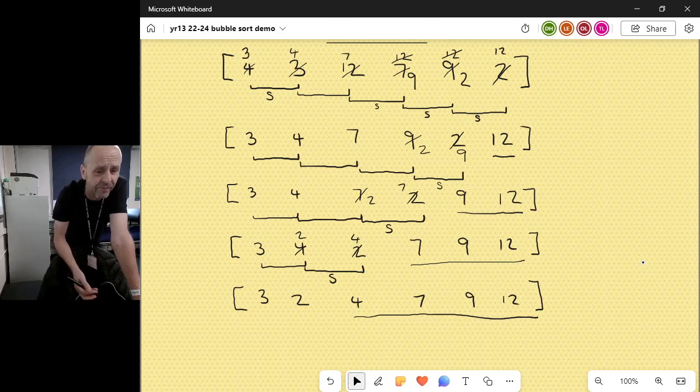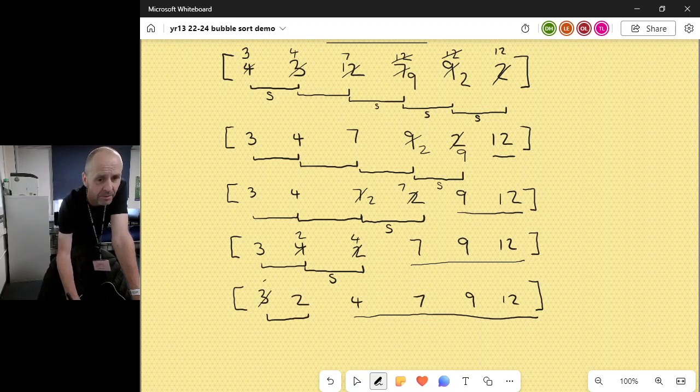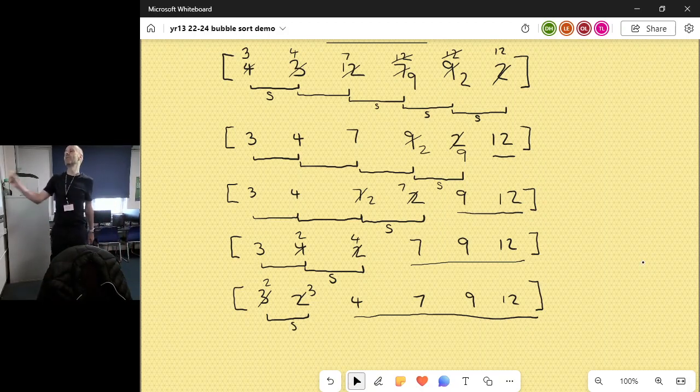And this will be the final pass no matter what. So we look at this pair, they're in the wrong order, we swap them. So we put a 2 there and a 3 there. We've had to do a swap, but bubble sort's going to stop anyway because it hasn't got 2 data items. So the controlling loop that is making us run down each time is now going to end, whether we swapped or not.